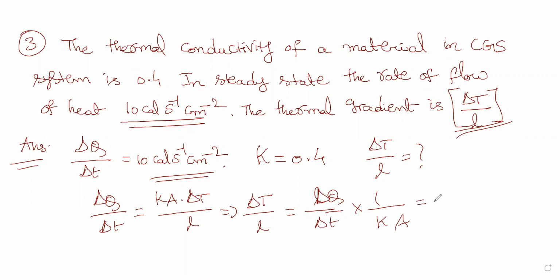So let's plug in delta Q. This is 10 calorie second inverse centimeter power minus 2, divided by the K value, which is 0.4.